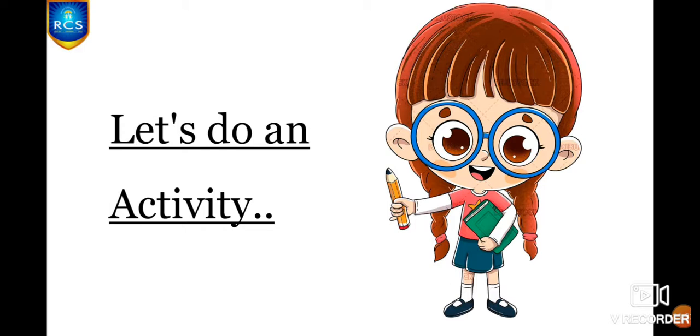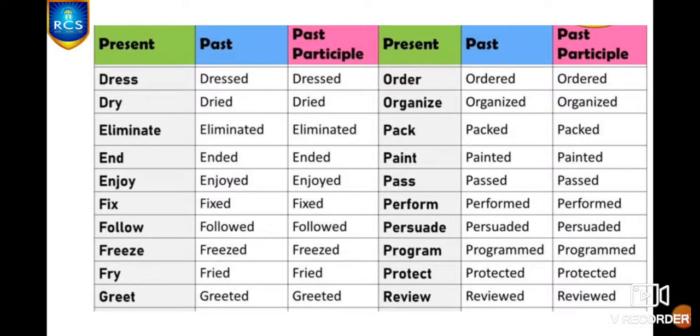And now, I hope you are clear about the simple tense, right? And now let's do an activity on that. Children, you have to select any 3 verbs from this verb form table and write in your English note or rough note. Select any 3 verbs and write in your note.